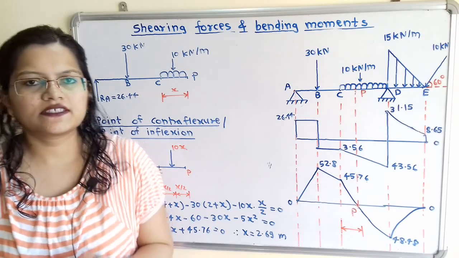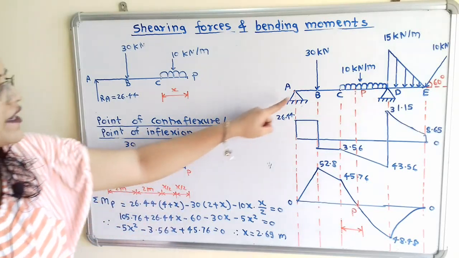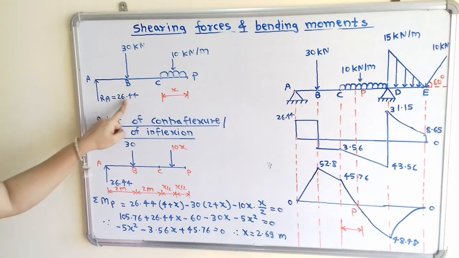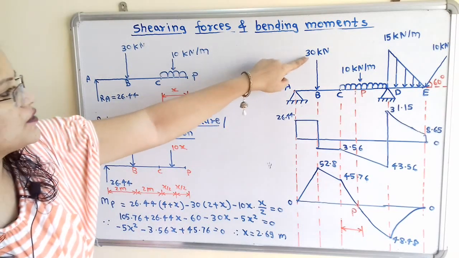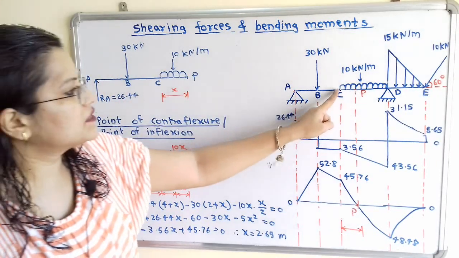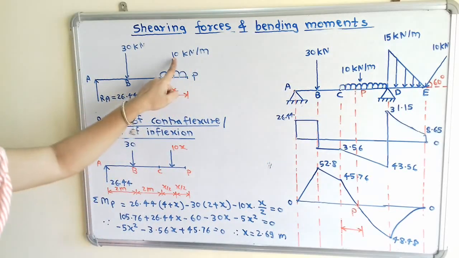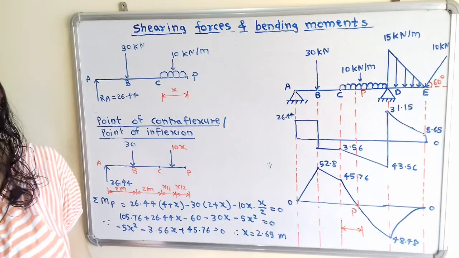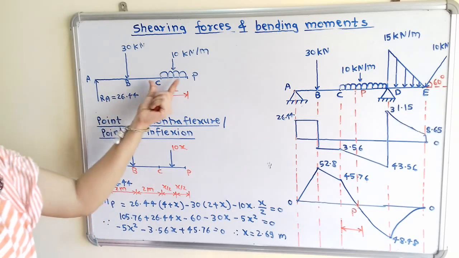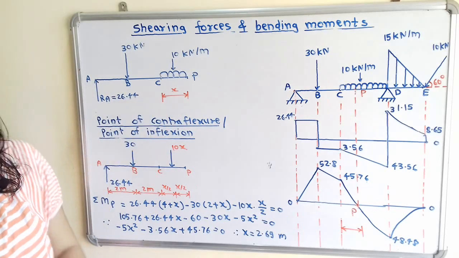We will select the section from point A up to point P. So here is the reaction at point A, 26.44, then this force is 30 kilonewton at point B, and from C to P there is a uniformly distributed load equal to 10 kilonewton per meter. Now we have to find out the distance between C and P. So we will consider this distance as x.